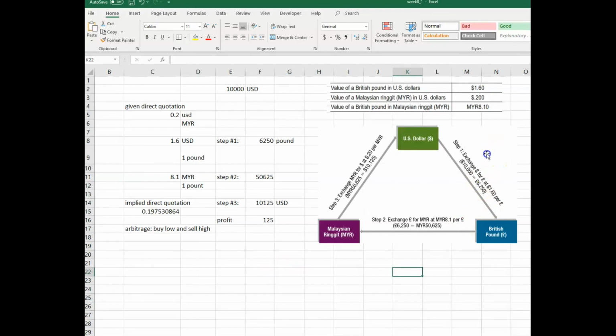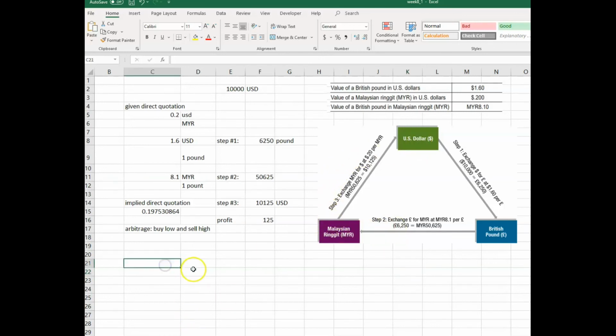If we copy this triangular flow chart, you see, then we can understand this process better. Step 1, we use $10,000 to buy pounds. If you look here, it's 6,250 pounds. Step 2, from pounds we get ringgit. Step 3, from ringgit we come back to US.